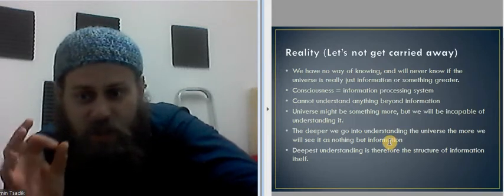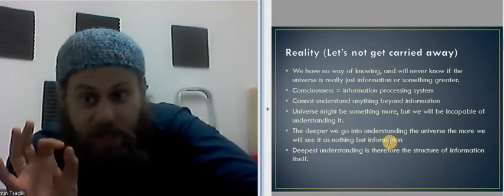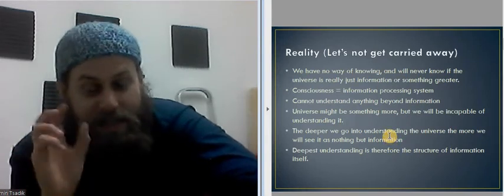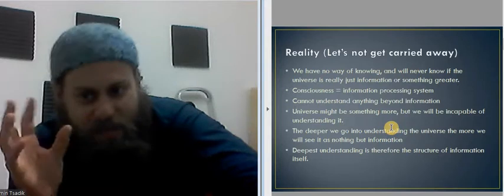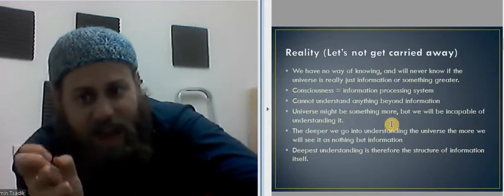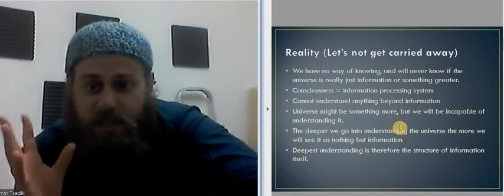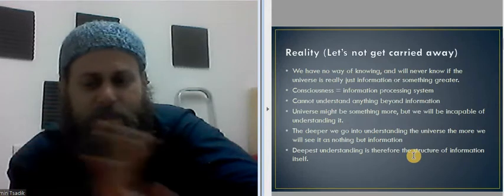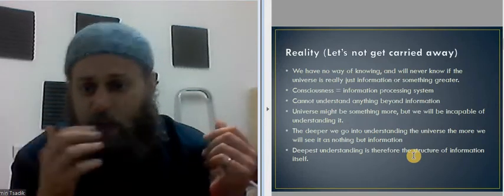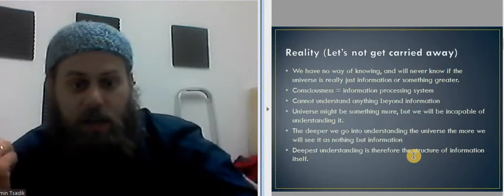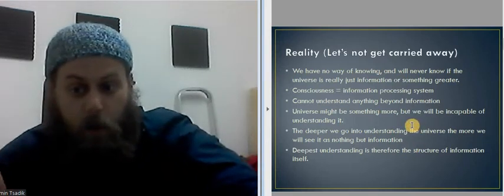And when we understand the structure of information, that's the deepest we can understand, because all of the information that comes to us, that's the atom, right? The atom is this indivisible thing. So the indivisible thing that the universe has that we can understand is information itself. And that's why information theory is just so broad. It envelops everything, right? Because for us, it is everything, okay? I hope I explained that well enough.